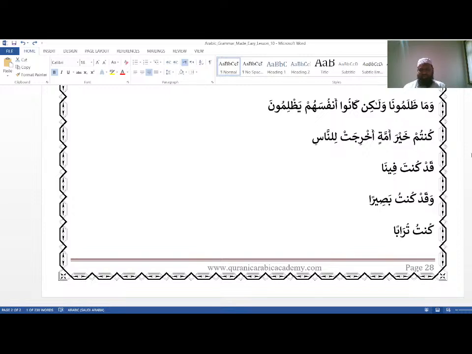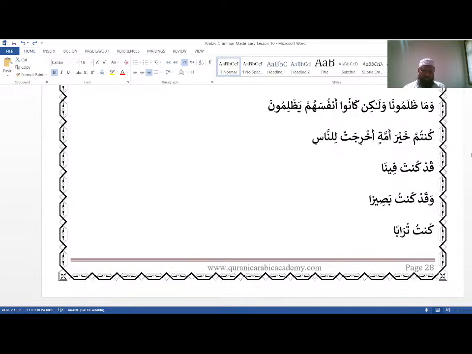So memorize these sighas of fi'l al-madi, the fi'l of Ajwaf. What is Ajwaf? Any fi'l where we see the middle letter alif, which has been changed from waw or ya to the original. If the middle letter is waw or ya, it is called Ajwaf.